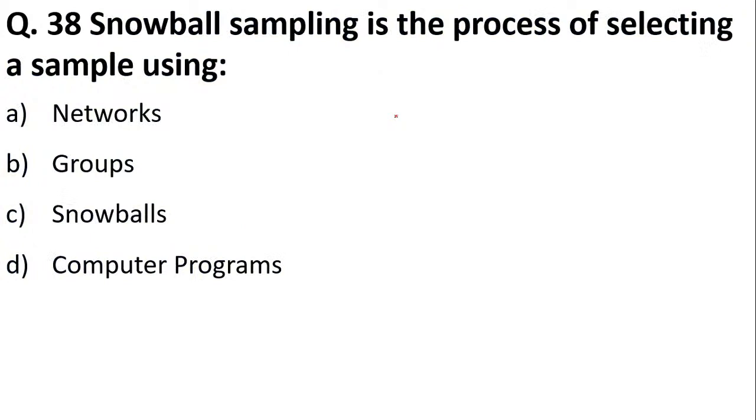Snowball sampling is the process of selecting a sample using networks. A is the right answer. For example, if you want to do research on drug addicts, a normal person who does not take drugs finds it very difficult to know people who are drug addicts.